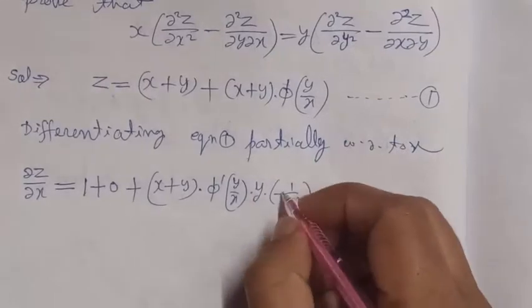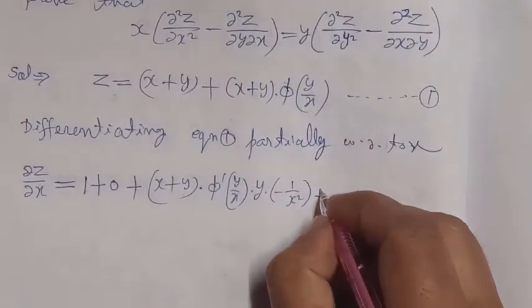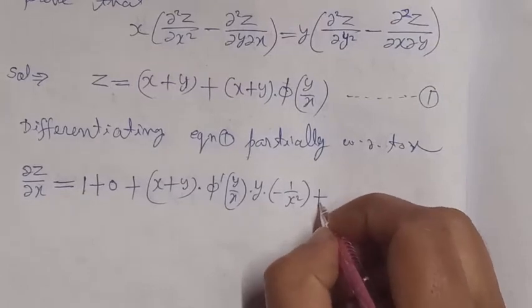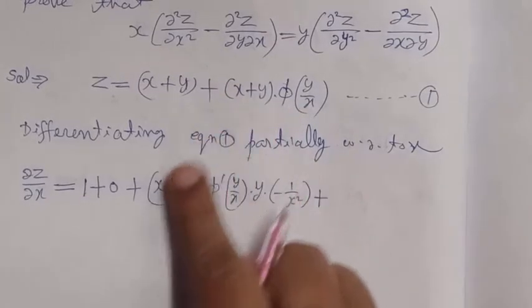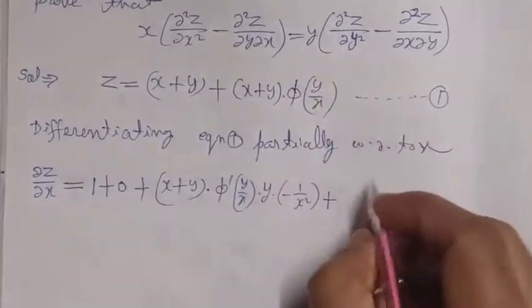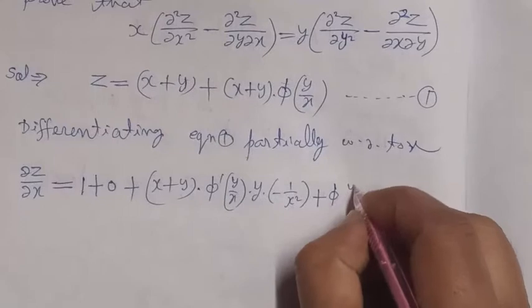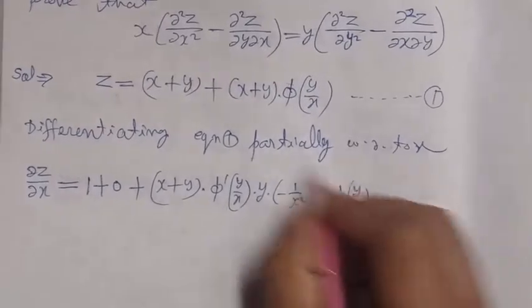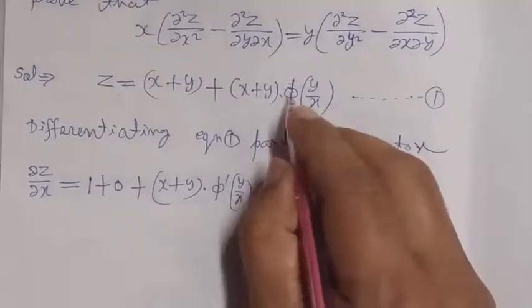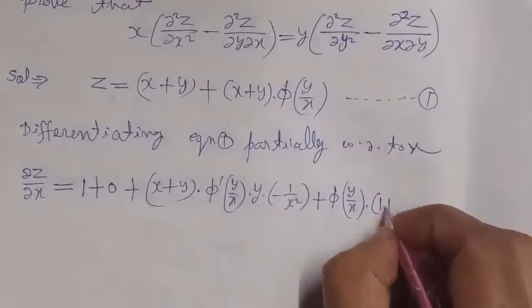Now we are applying the product rule: first function as it, differentiation of second function, and second function as it, differentiation of first function. Differentiation of x with respect to x is 1, and differentiation of y with respect to x is 0.